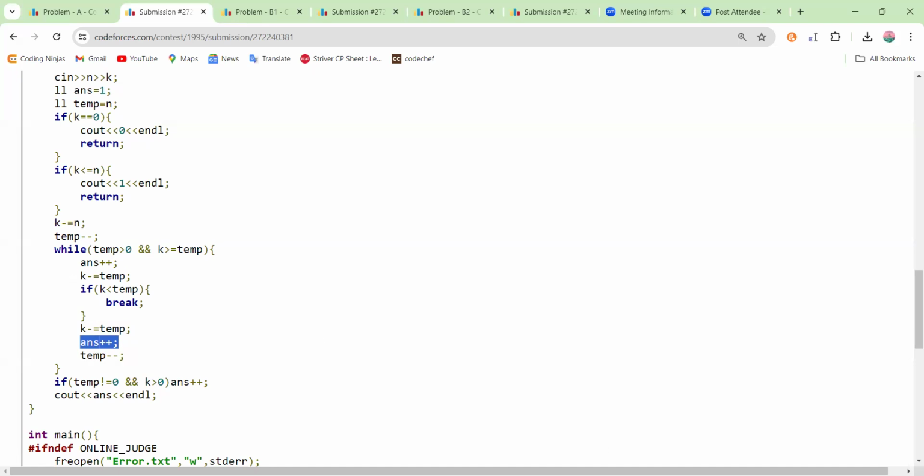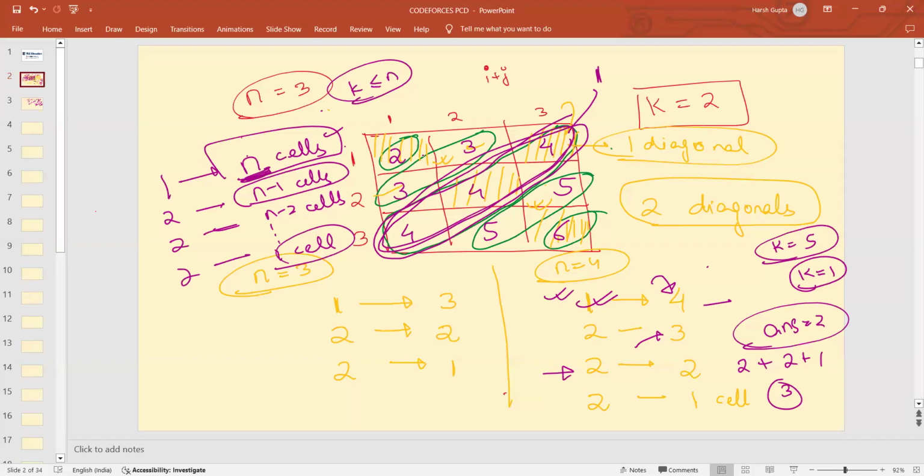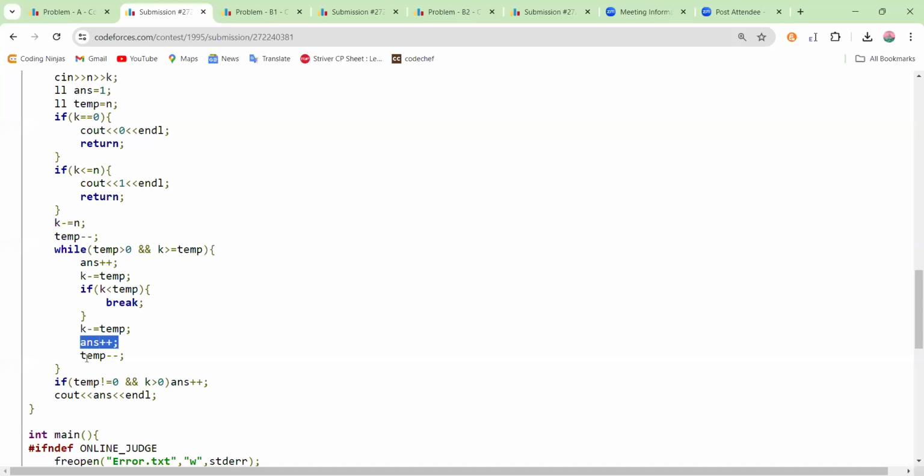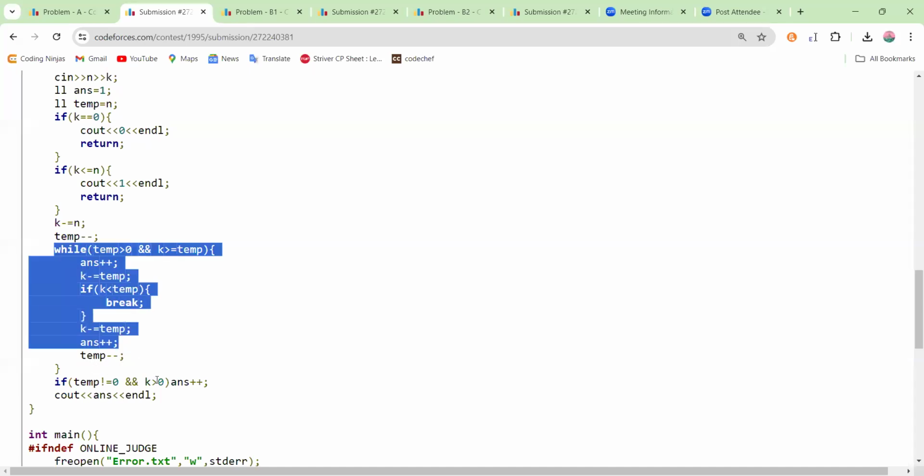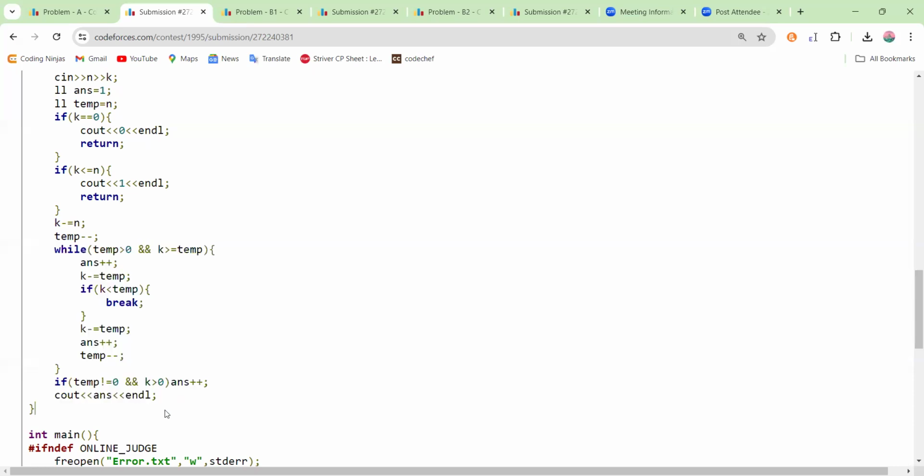And now for the next pattern, you can observe the next diagonal, which contains n minus 2 cells, right? Since temp depicts how many cells are there in the diagonal, we subtract 1 from temp, so we did temp minus minus. Once we do this, we simply print our answer, that is the minimum number of diagonals that will be filled.